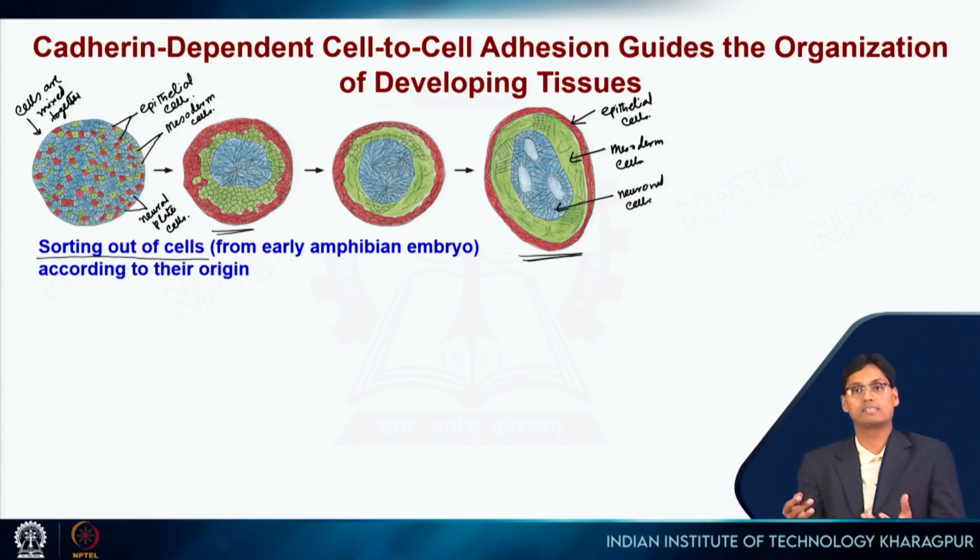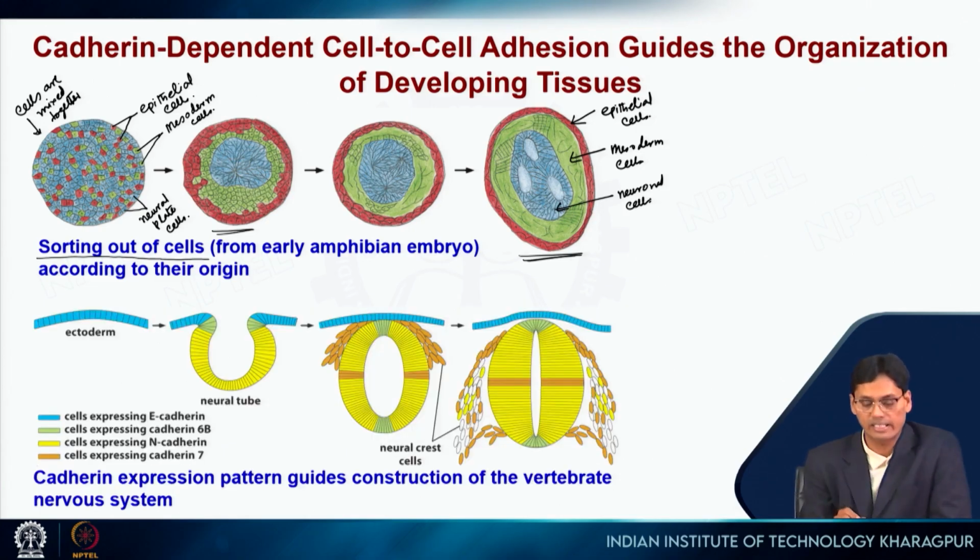Then how does it happen? A lot of research found that this is because of cadherin itself. Cadherin helps this sorting out of those cells, and they organize the developing tissue in this way. If I explain this figure, you will understand even more clearly.